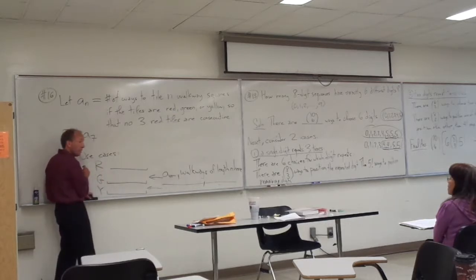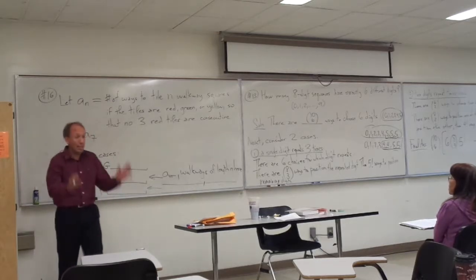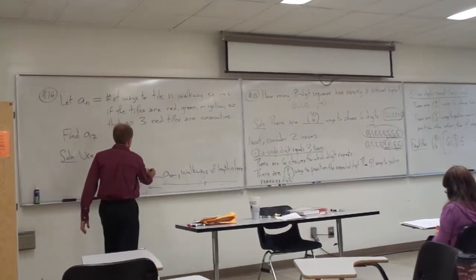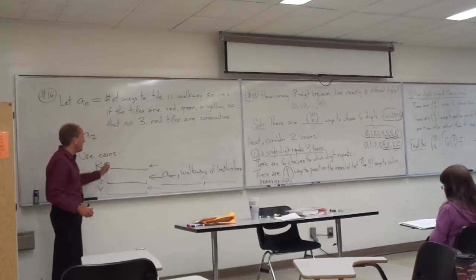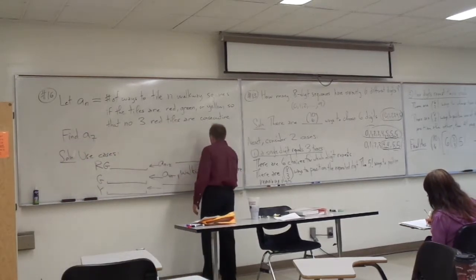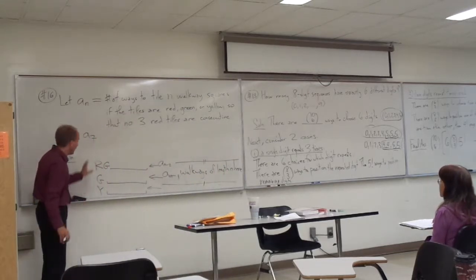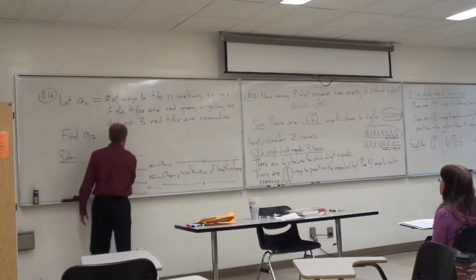If I have a red here, then, for example, if it's followed by a green, then I'm fine. And at that point, any legal walkways of length n minus 2 can be considered, and I just add a red and a green in the beginning. So a sub n minus 2 walkways here of that type. I need more. Sorry, my writing is in the wrong order here. I also have a red-yellow pattern, which is going to be the same.